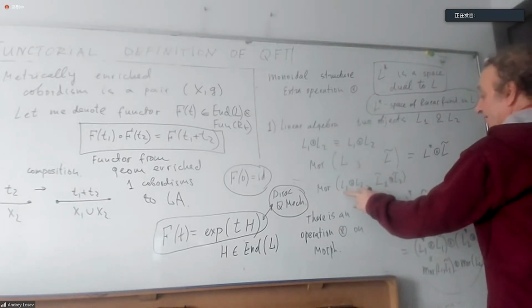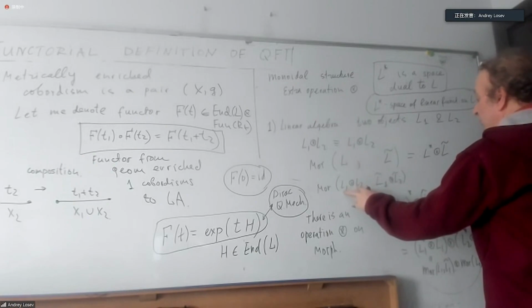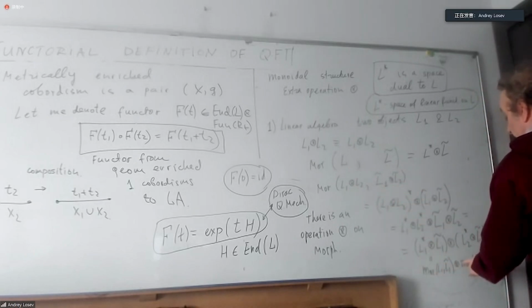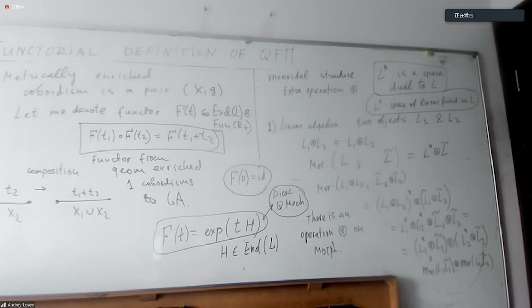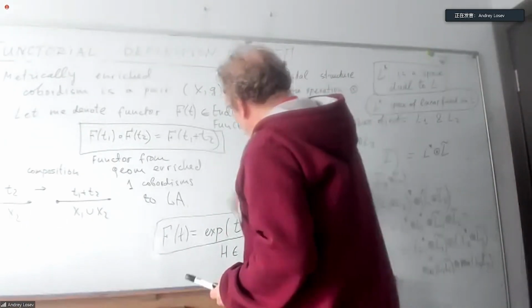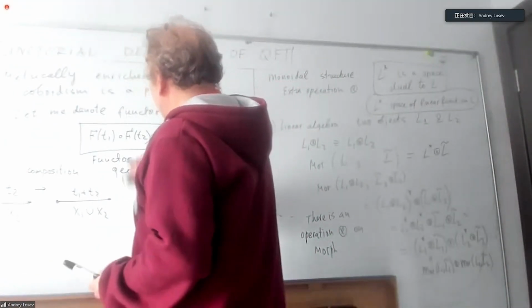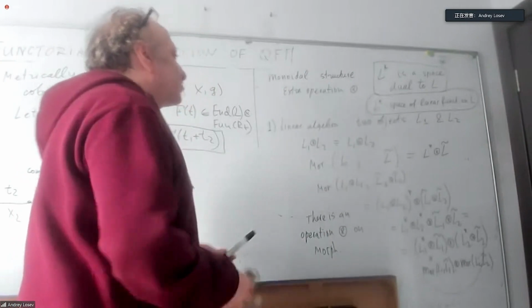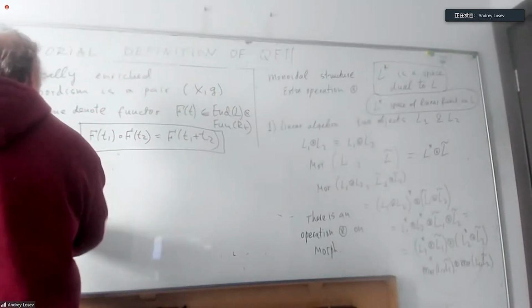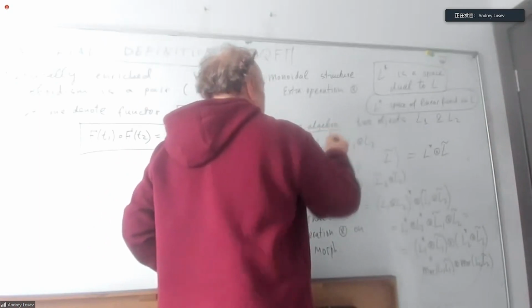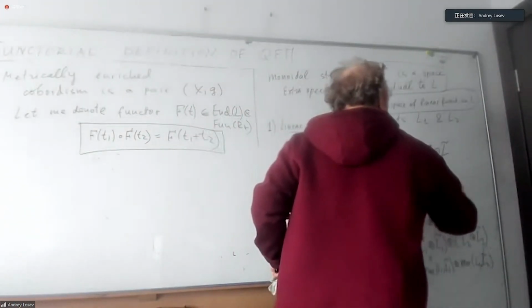So a morphism between monoidal products is the monoidal product of morphisms. I will come to it in more detail later. But here, I just want you to touch the full definition of this monoidal structure in linear algebra. And if we say that we have linear algebra with tensor product, it is called tensor algebra.